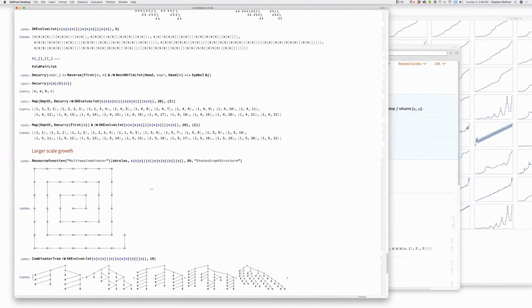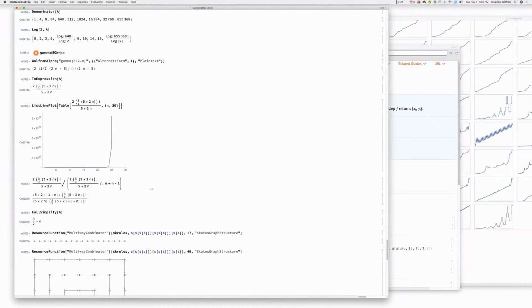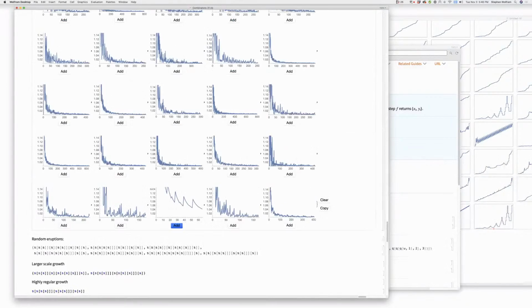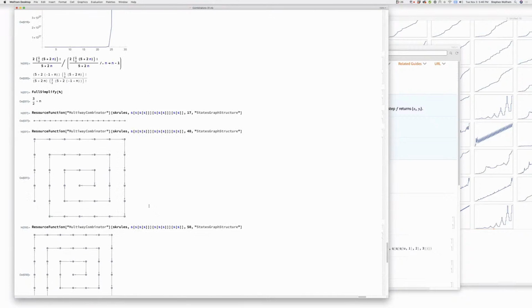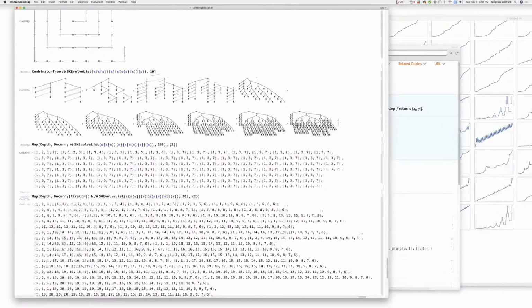Okay, one more thing to look at. Okay, so larger scale growth up here. We had 2 cases, so let's look at the other one just to see if it does the same thing.